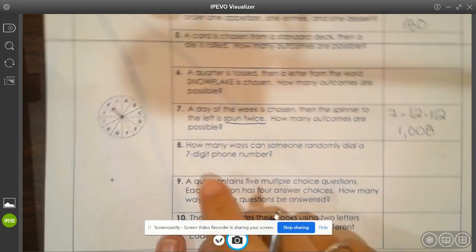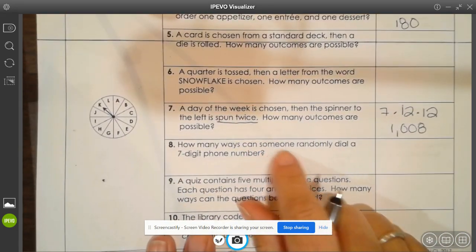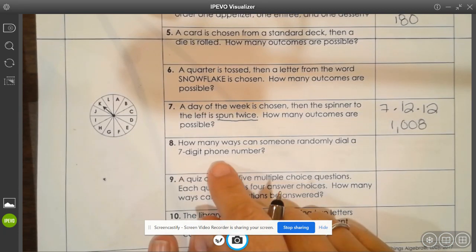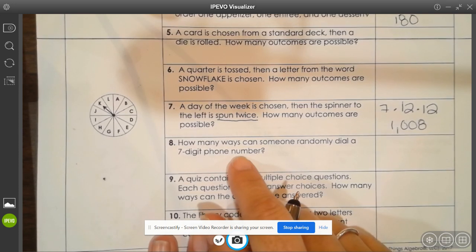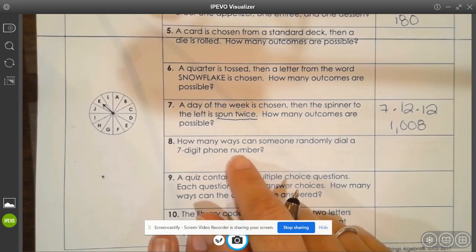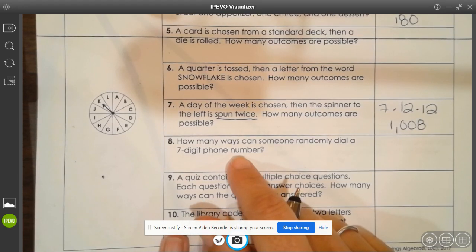Check out this one. I really like this one. How many ways can someone randomly dial a 7-digit number? Well, in a 7-digit number there are 7 digits, right? And how many options are there for each digit? It's really from 0 to 9, because 10 is made up of 1 and 0. So 0 to 9, that's 10.